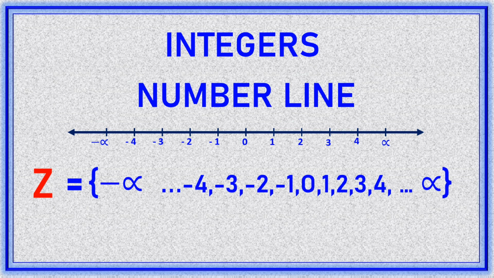These numbers are denoted by the letter Z, that is nothing but integers. The right side of 0 are called positive integers and the left side of 0 are called negative integers. 0 is neither a negative nor a positive integer.